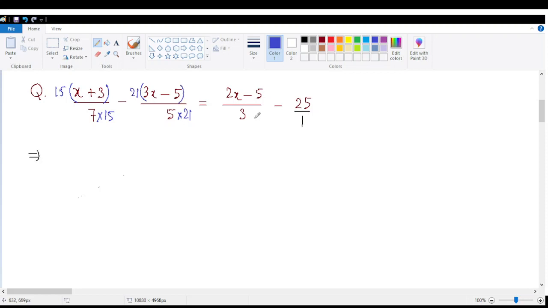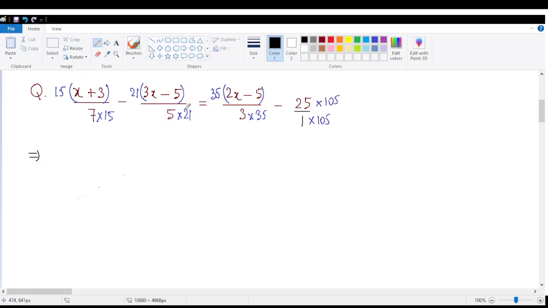Now the third one, we have 3 here, so we have to multiply 7 times 5, which is 35. Here also we have to multiply 35. And finally here we have just 1, that means we have to multiply the entire product, 7 times 5 times 3, which is 105. And here also we have to multiply 105.